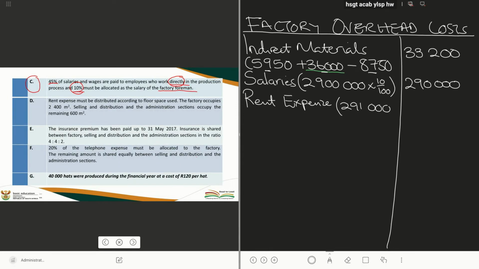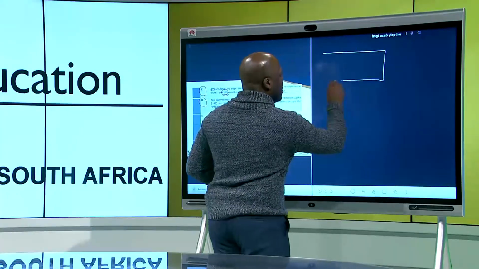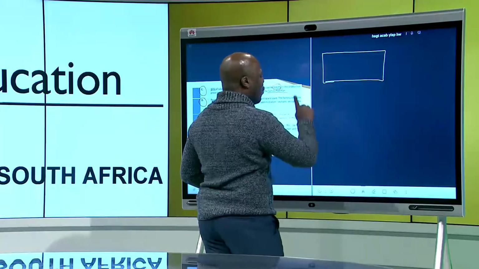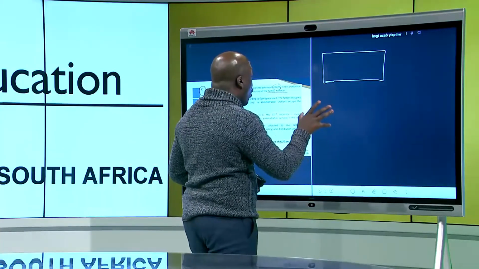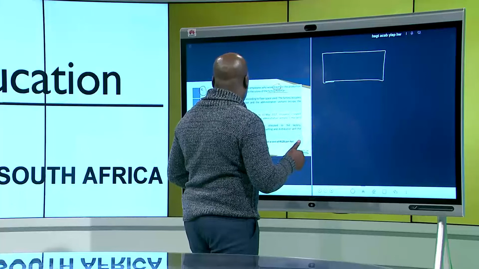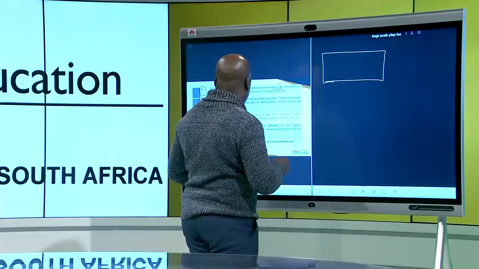Let's see if they said something further. Information D, they did say something. They say rent expense must be distributed according to floor space used. What is this floor space that is used? It simply means this is our entire building, the floor area. This entire building is not only being occupied by the factory, but it has the factory, the selling and distribution, and the admin.